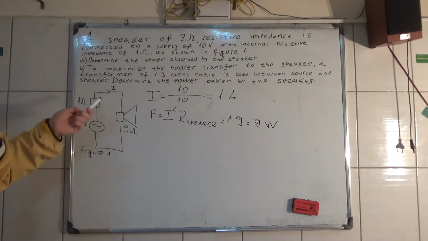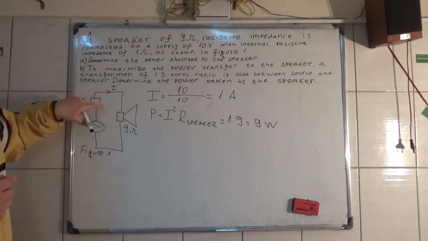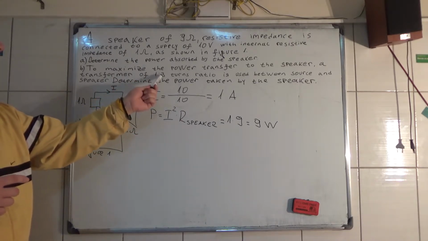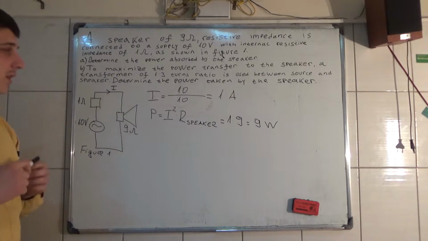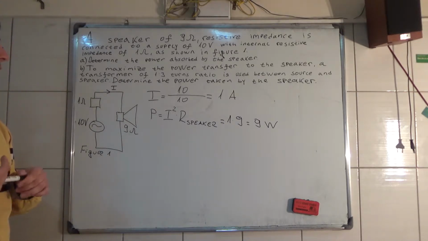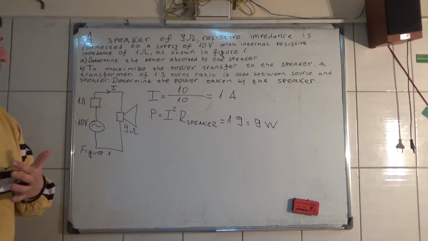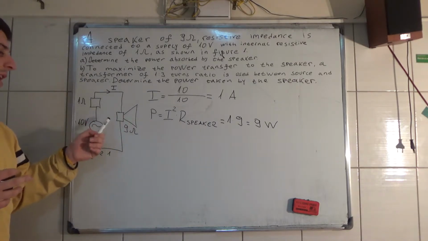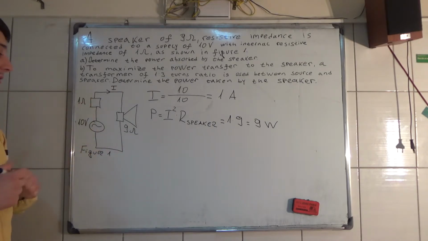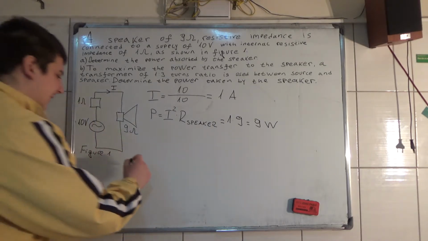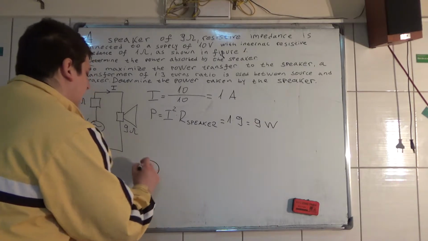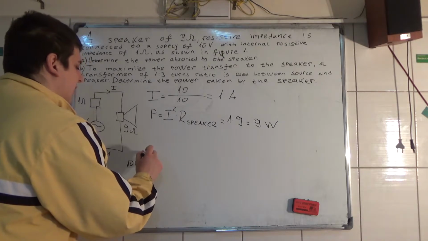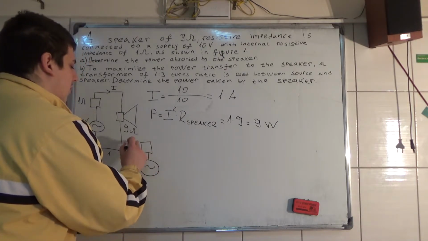Now we will see what if we put a transformer between the source and the speaker with a turns ratio of 1 divided by 3. We have to calculate what is the power taken by the speaker. So this was 9 watts of power without the transformer. Now, if we put a transformer, the supply voltage is the same, 10 volts, with internal resistance of 1 ohm.